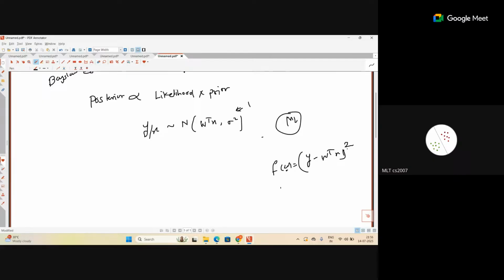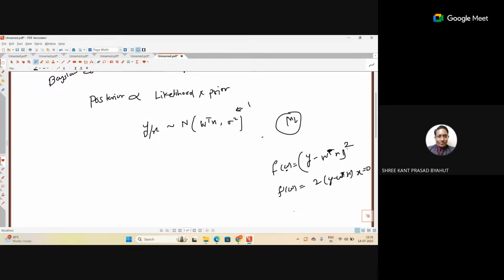We said that f dash of W is 2 times y minus W transpose x into x, or simply Wx, then equated it to 0, and subsequently found the solution.